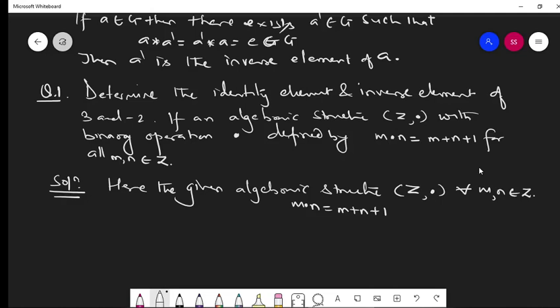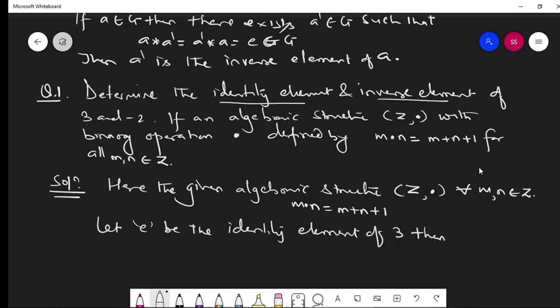Let E be the identity element of 3. First I deal with 3. Then 3 dot E is, by the operation m plus n plus 1, 3 plus E plus 1.